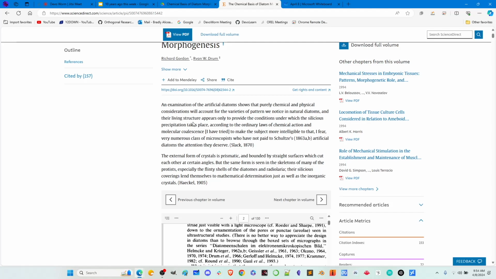And so there's this morphogenesis that takes place via silica deposition. According to the ordinary laws of chemical action and molecular coalescence, I have tried to make the subject more intelligible. To that, I fear very numerous classes of microscopists have not paid attention to Schultz's artificial diatoms the attention they deserve. So, I don't know, Dick, could you provide more context to this paper?